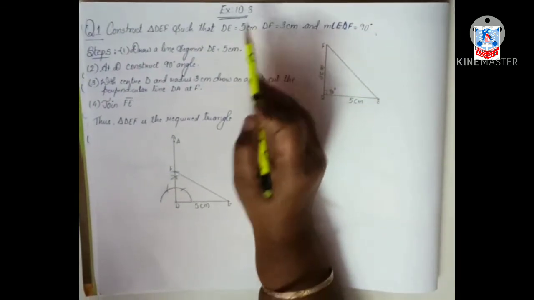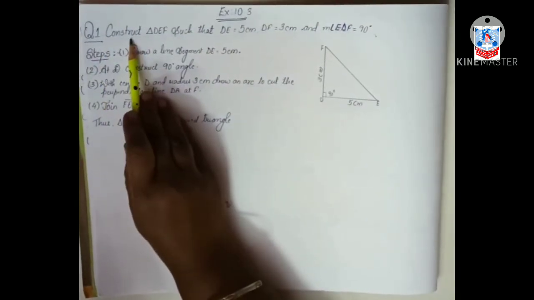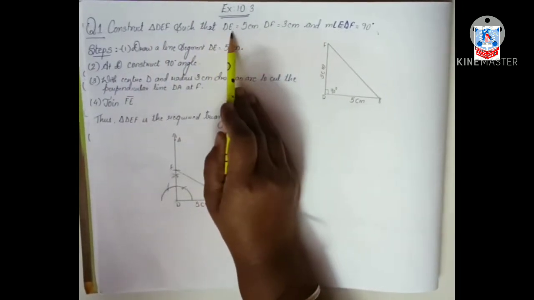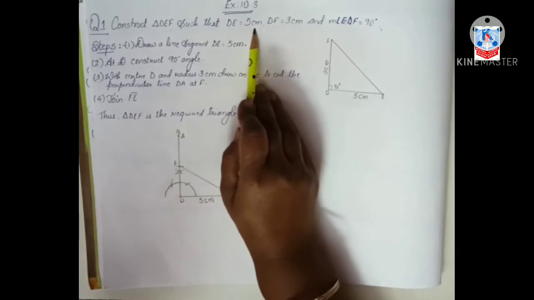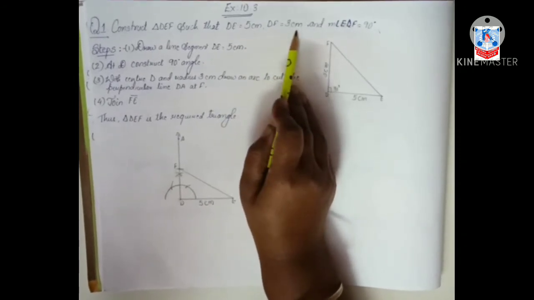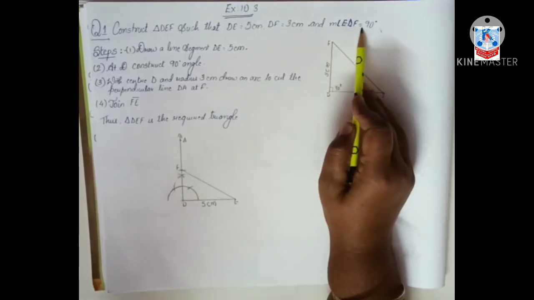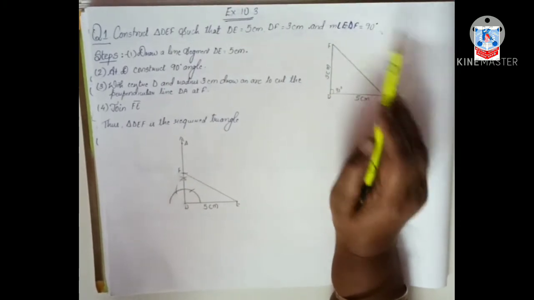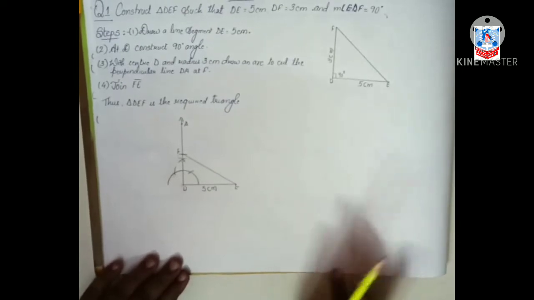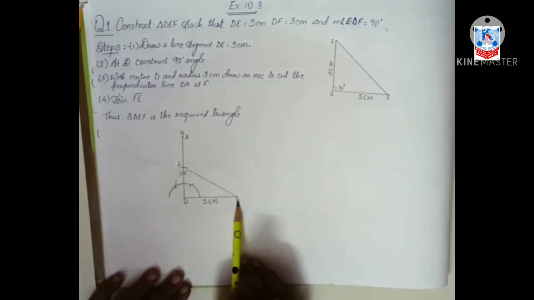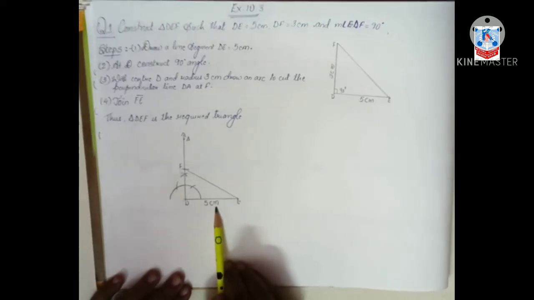Exercise 10.3, question number 1. Construct triangle DEF such that DE is equal to 5 cm, DF is equal to 3 cm and measure of angle EDF is equal to 90 degrees. So first what we will do? We will draw the base, that is DE of 5 cm.